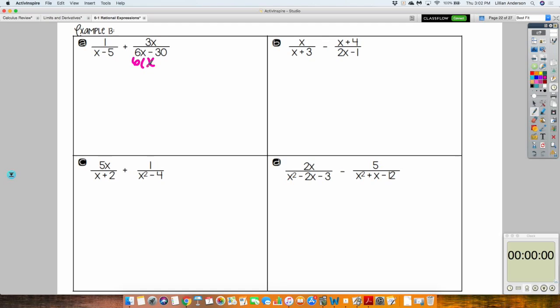What is my lowest common denominator between x minus 5 and 6 times x minus 5? So 6x minus 30, or 6 times x minus 5. I'm looking for something that both terms can go into. Basically, what's the other one missing? Combine them together.